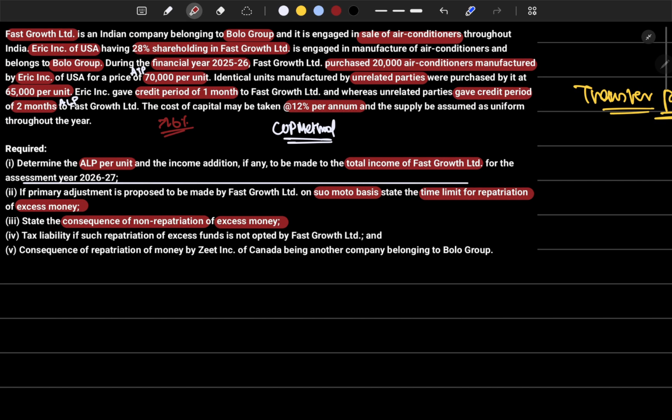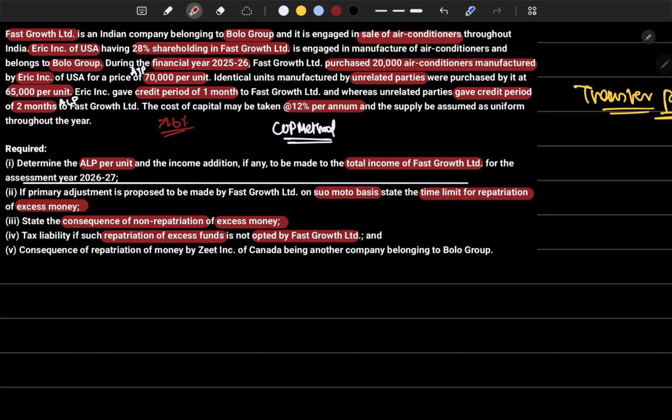Then the tax liability if such repatriation of excess funds is not opted by Fast Growth Limited. If not repatriated, Fast Growth Limited has to pay some tax percentage on the transfer pricing value.